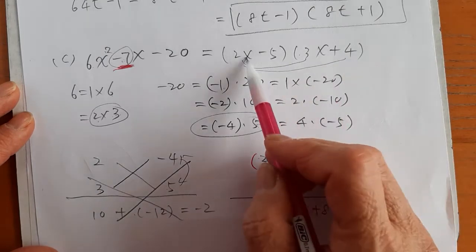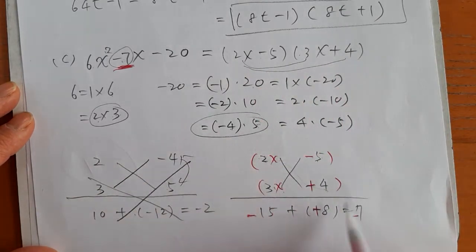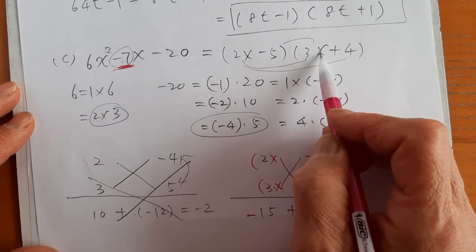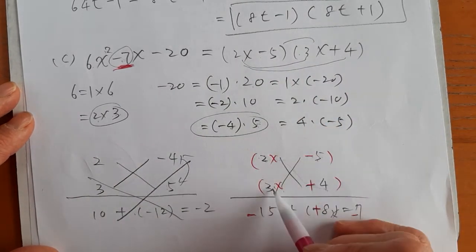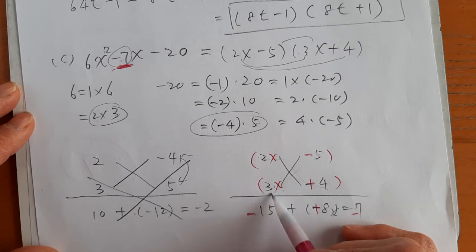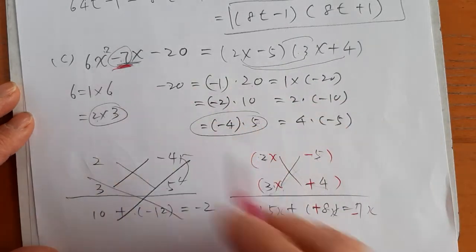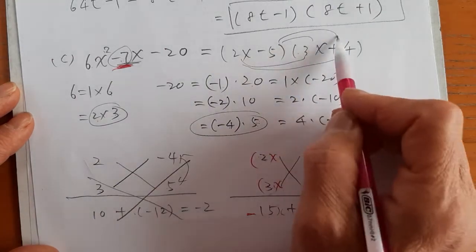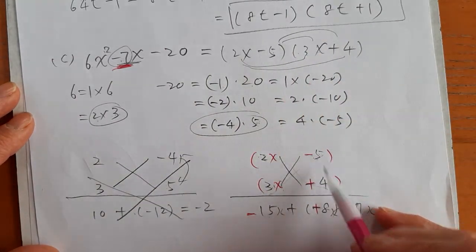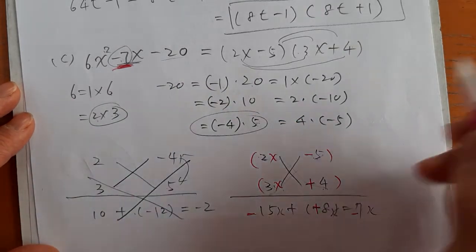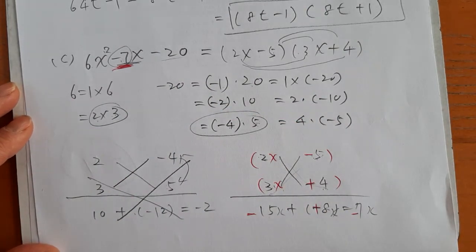Outer term product, 2x times 4 is 8x. Inner term product, negative 5 times 3x is negative 15x. Combined, add together is negative 7x, this is the middle term. Then last term product, negative 5 times 4 is negative 20. They are equal. Use FOIL to check it. They are equal. So those are the factors.